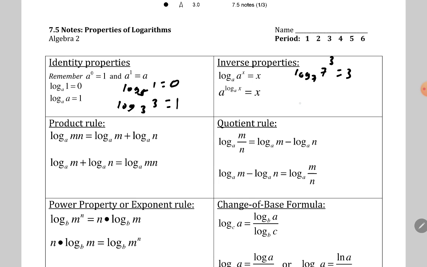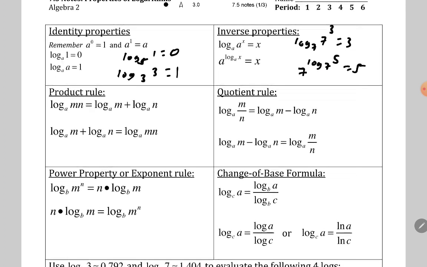And the same thing here, 7 to the log base 7 of 5. So 7 to the exponent log base 7 of 5 is 5. So what I'm saying is, if you have a base and you take it to the log of that base power, those cancel and you're left with the 5 there.